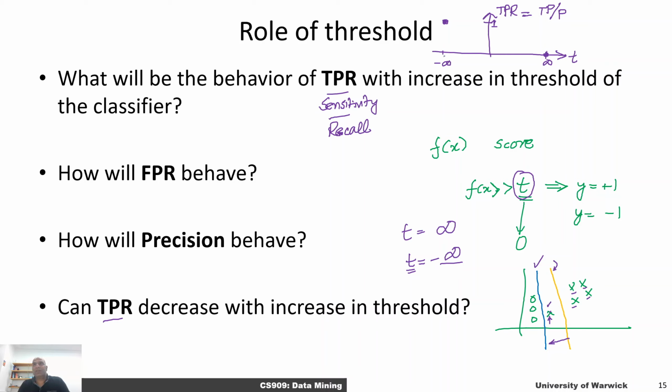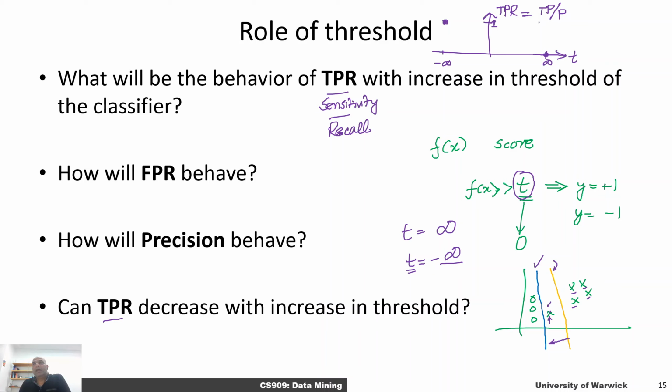If we are increasing the threshold, going from minus infinity to plus infinity, can the TPR of a classifier increase, or can it decrease? So the question is, will this curve go down, or can it go up? You can pause the video and think about it.